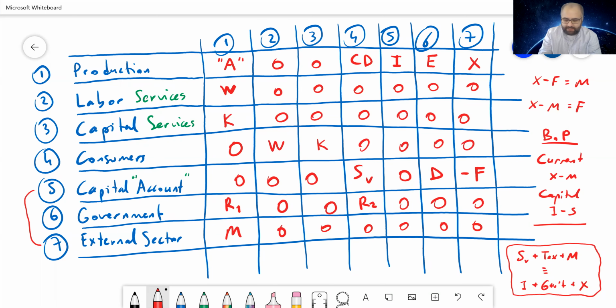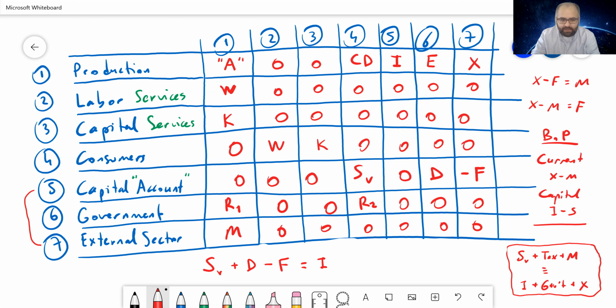So if you look at, let me open some space here. If you are very careful, you realize what? Look at the capital account. In the capital account, you have saving plus deficit, or so this is basically budget, minus F equals investment.